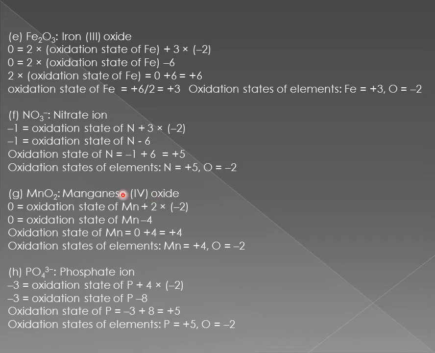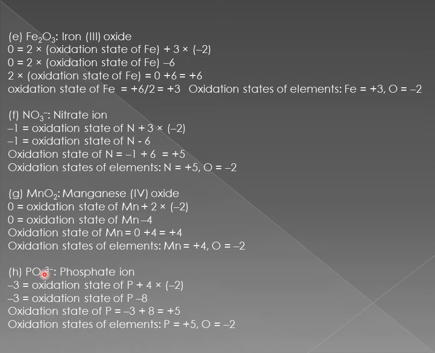Manganese oxide, or manganese(IV) oxide: 0 equals the oxidation state of manganese, which is unknown, plus 2 times -2 for oxygen, which is -4. Move to the other side, it will be +4, so manganese +4, oxygen -2.